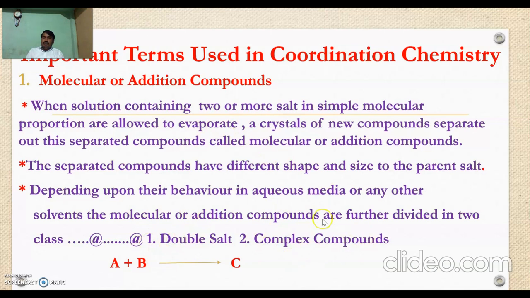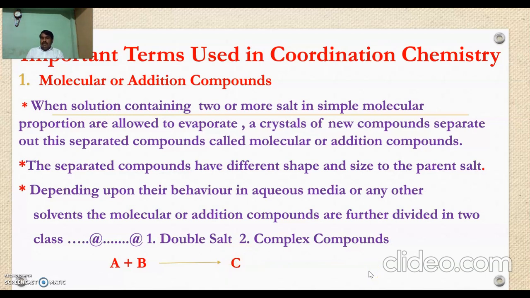For example, we mix A plus B, that is two salts, gives third salt, that is C. This C may be double salt or complex compound depending upon the nature of C in aqueous media.